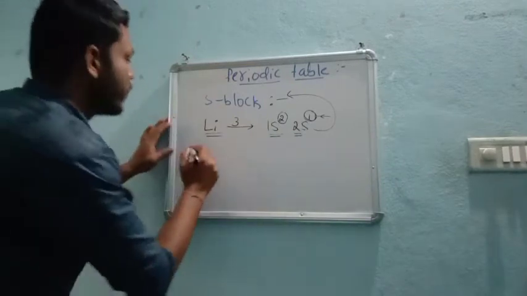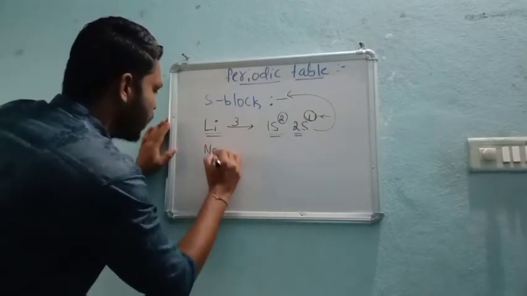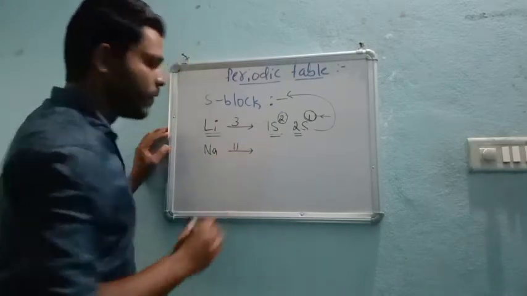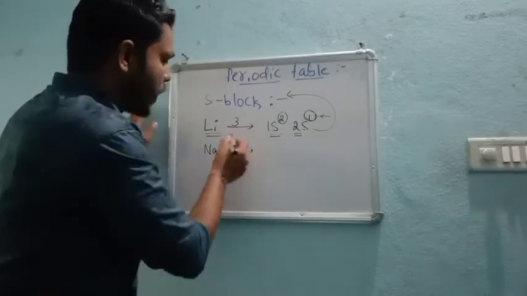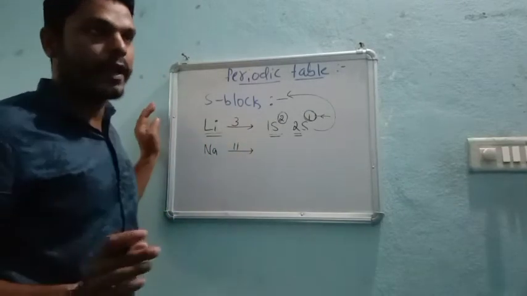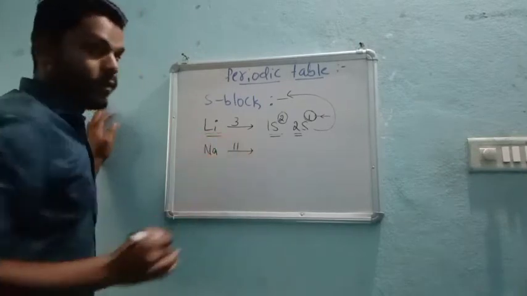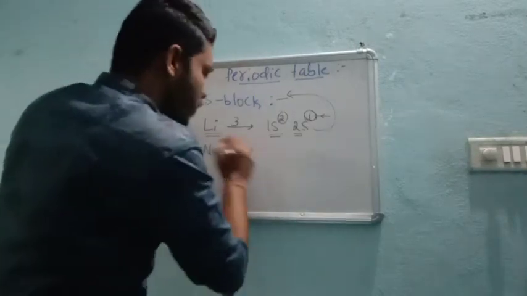Again, we will see one more example, that is sodium, whose atomic number is 11, right? So now how many electrons do we have? 11 electrons. While writing, be careful about the number of electrons.